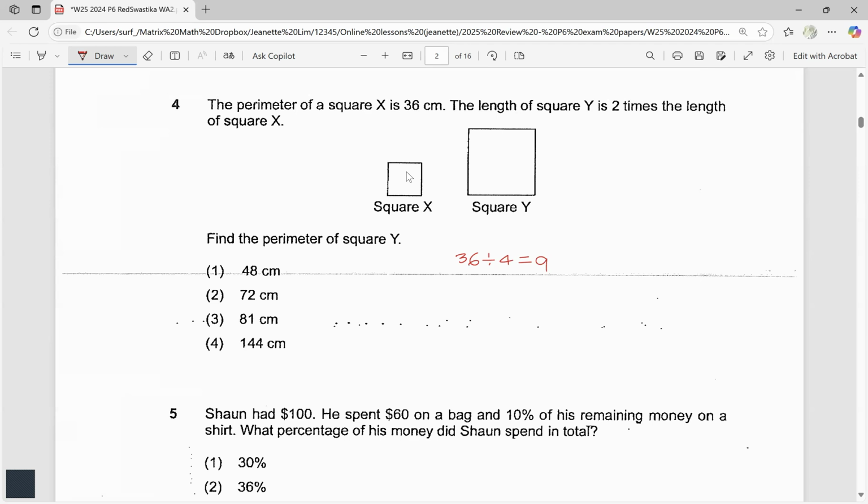So each side is 9. For square Y, the side is 2 times, so 9 times 2, which is 18. Find the perimeter of square Y, so 18 times 4, which is 72. Answer option 2.